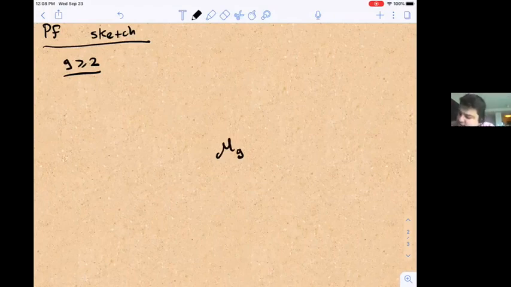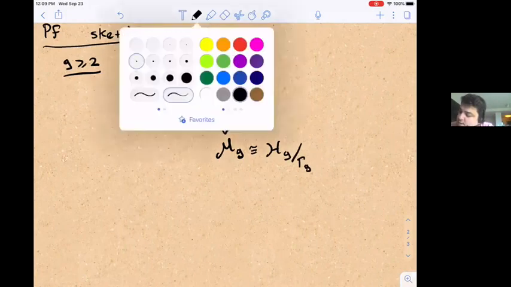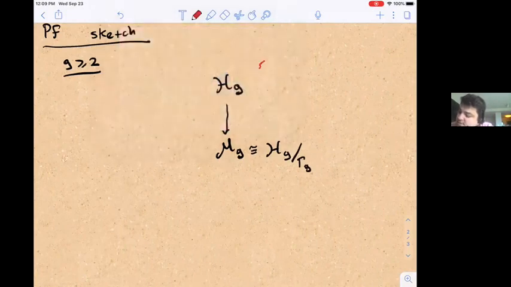And at least complex analytically, this thing can be constructed as the quotient of some space Hg by a discrete group action, where this space is the Siegel, well, really this space sits inside of the Siegel upper half plane, but that's not so important.